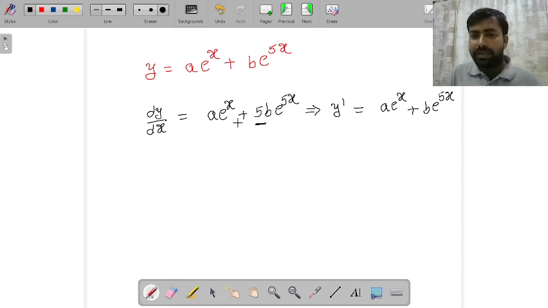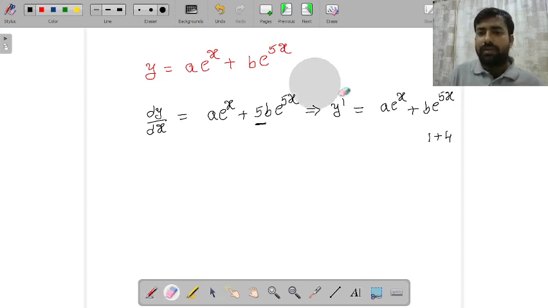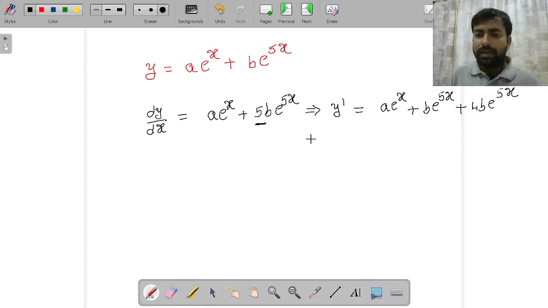So what we'll do is, this 5 we are going to write as 1 plus 4. So I'm going to write here plus 4b e power 5x. Okay, so this implies you end up with an expression like y prime equal to y, because this becomes y, right? Plus we have 4b into e power 5x.